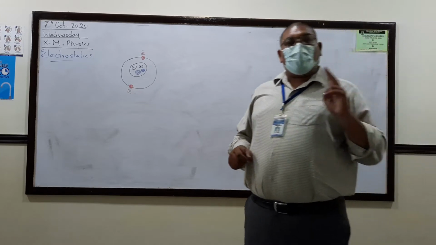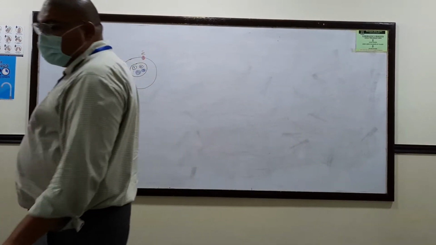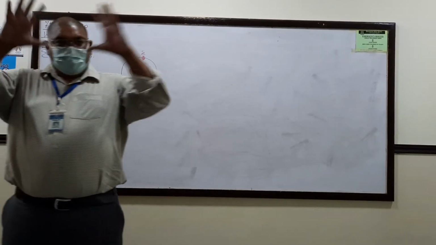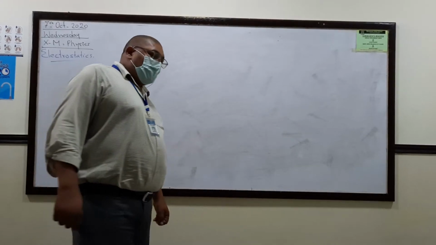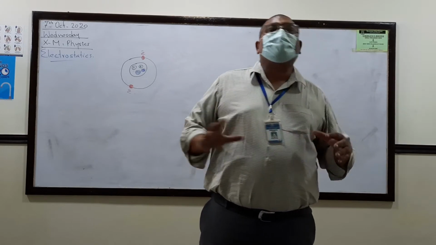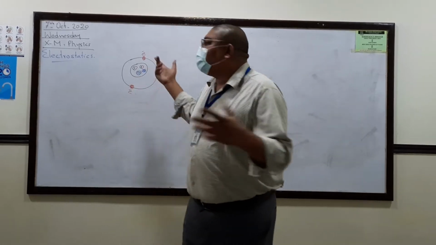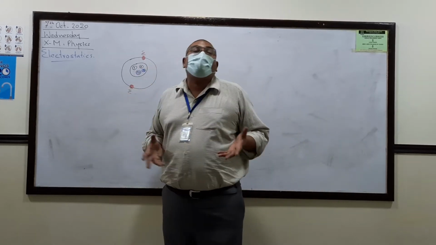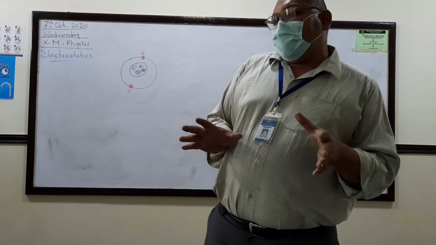If there are two protons in the nucleus, in the orbits there will be two electrons. So the amount of positive charge and the amount of negative charge is equal. Here I have two positives and two negatives, so they cancel out each other and the atom as a whole is neutral.